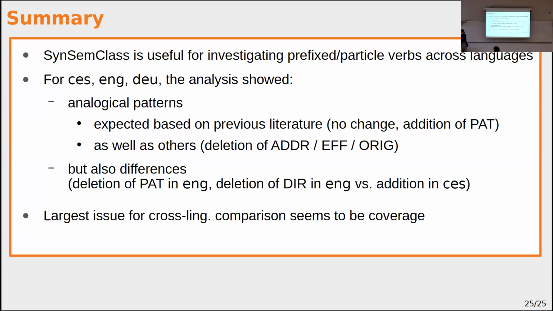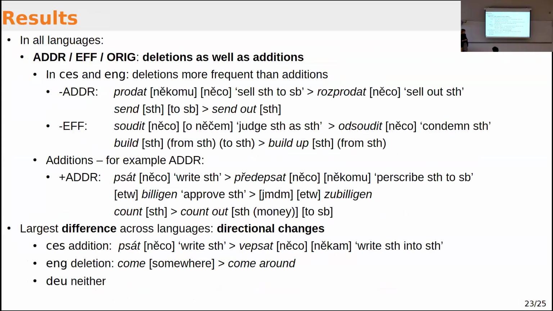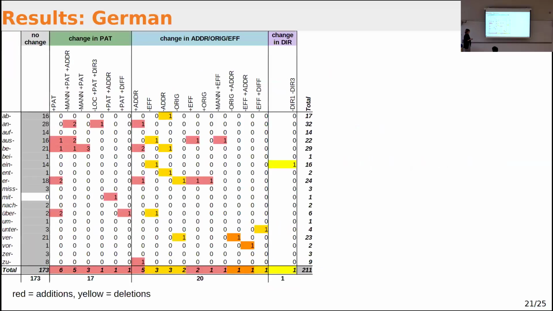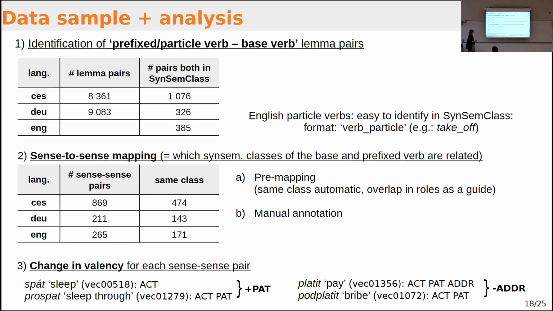Right, yeah. That's an interesting question, because actually in a lot of cases like this, the patient slot here semantically maps onto the addressee here, right? It's the person that is paid. But because of the theoretical framework, once the verb has just two participants, actor and patient, it shows up as the deletion of the addressee.